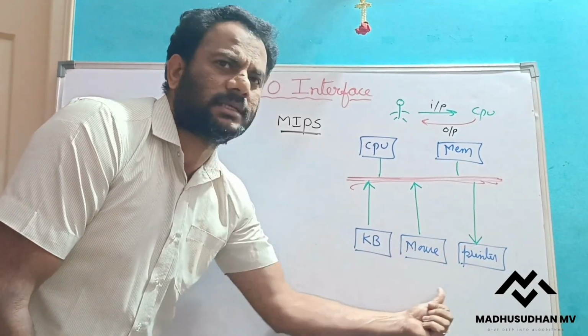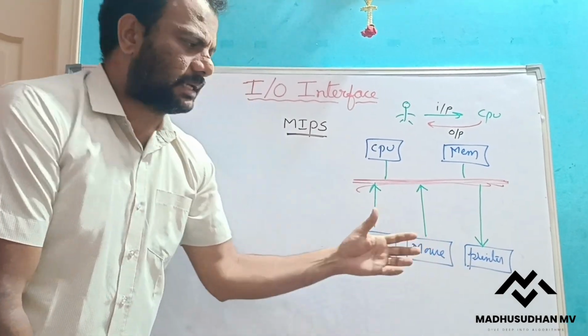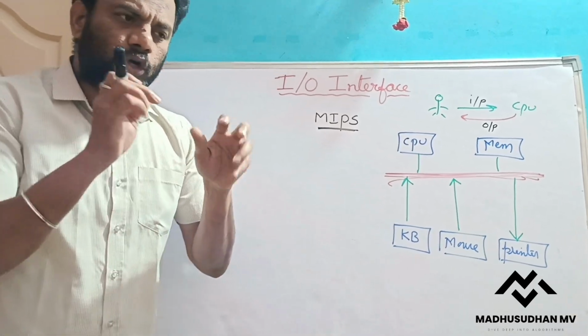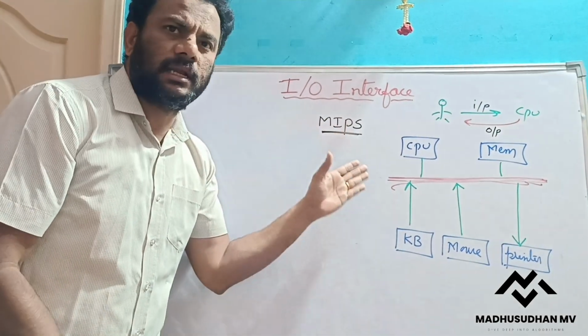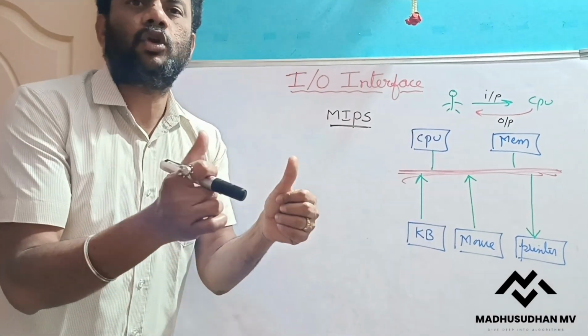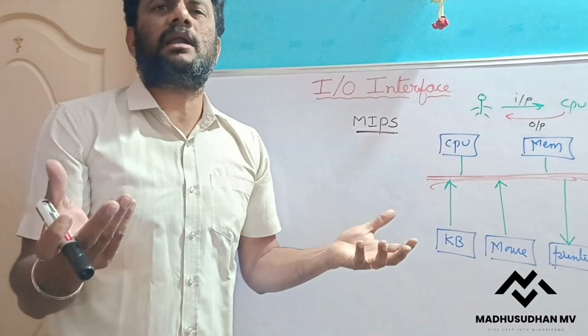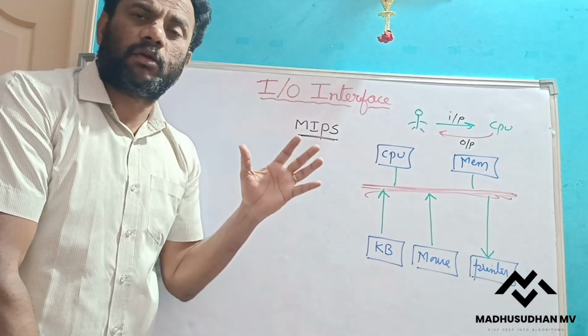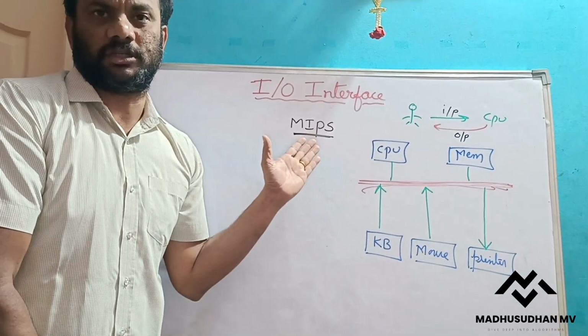Do our I/O devices have that much speed? For example, with a keyboard, is it possible for a user to enter that many lakhs of characters in 1 second? No way. In 1 second, hardly can we enter 20 to 30 characters, where the processor handles lakhs of instructions.